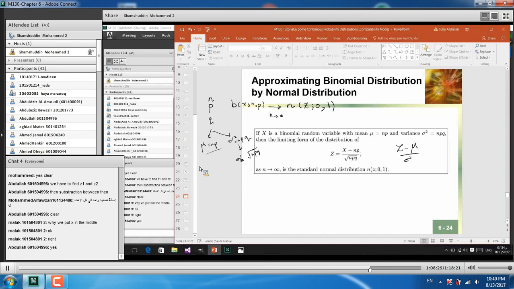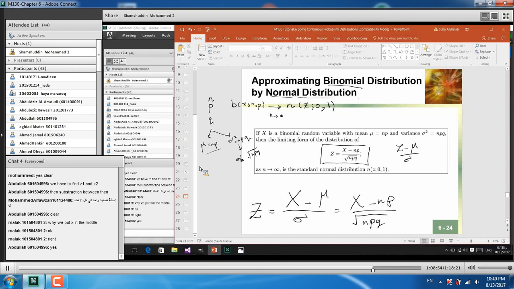The square root of npq. So this is the change we are using to change between being binomial to be standard normal distribution. The change is by subtracting mu على sigma. My mu here is n في p. My sigma is the square root of np في q. This will change the binomial x to the standard normal distribution.